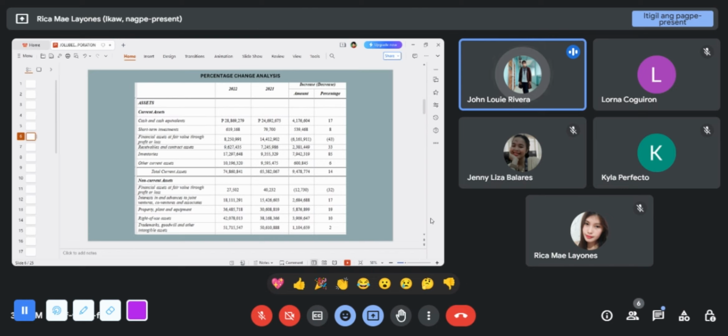So for the next four slides, we will show what we computed for the percentage change analysis.